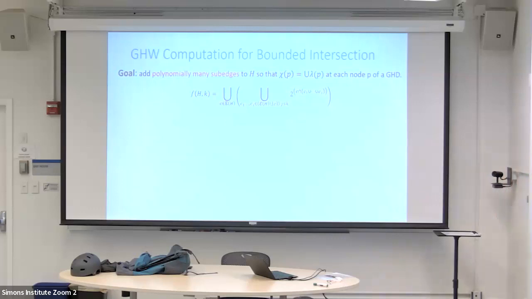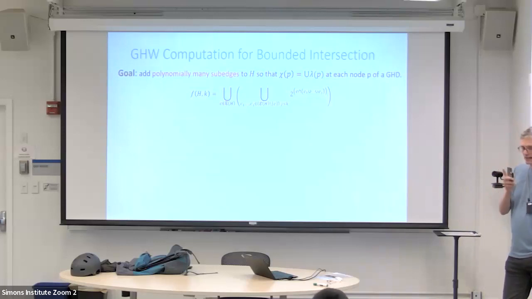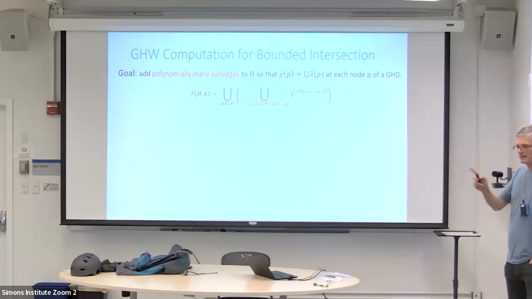I just want to illustrate the key idea why bounded intersection helps us to make generalized hypertree width efficiently recognizable. Yeah, and the idea is that we add a polynomial number of sub-edges of the existing edges to the hypergraph, with the idea that by choosing appropriate sub-edges, we can always assume that the bag of a node in the generalized hypertree decomposition contains all of the vertices contained in the edges.